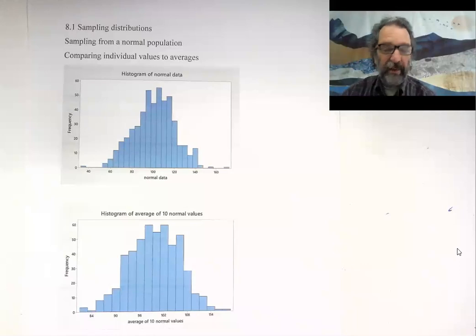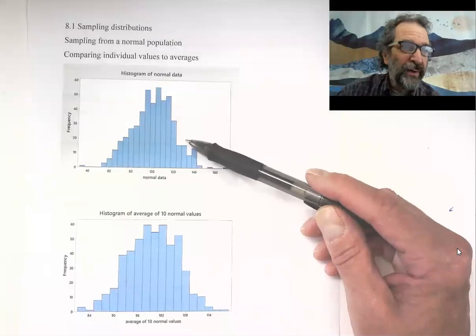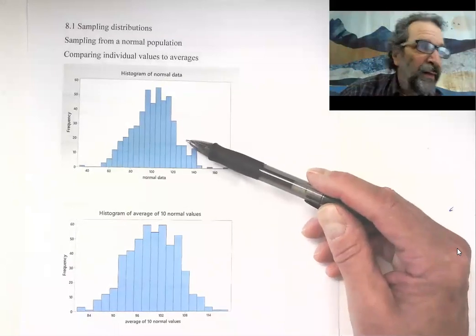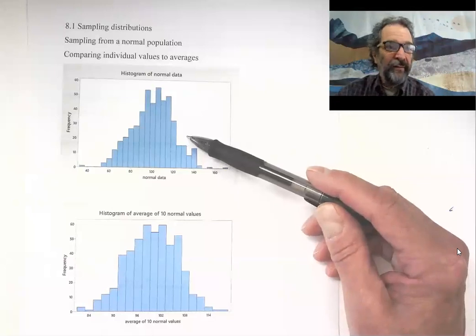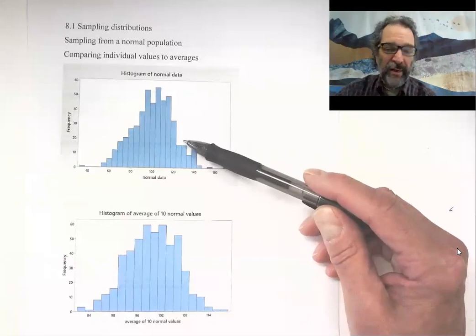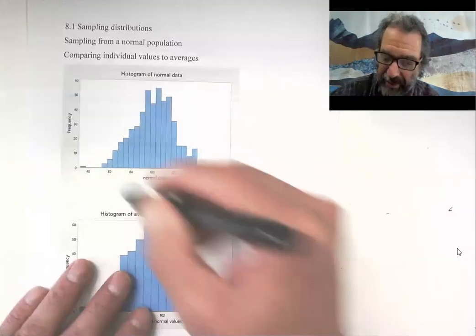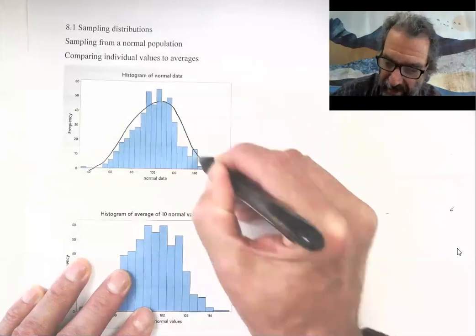So you have, say here, a normally distributed population. This is a sample. It's not very big, maybe a couple hundred. You'll still see a bunch of jaggies in there, but it's theoretically coming from a normal distribution. So in theory, if you kept doing this for a long time, you would get a bell curve like this.